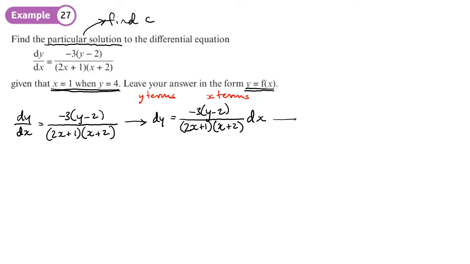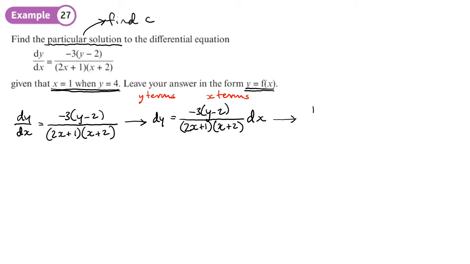Collect like terms. Now I could divide both sides by just y minus 2, or by negative 3 (y minus 2). Let's just divide by y minus 2.